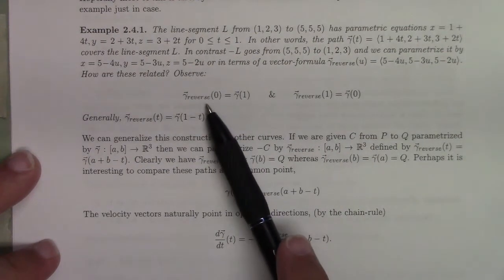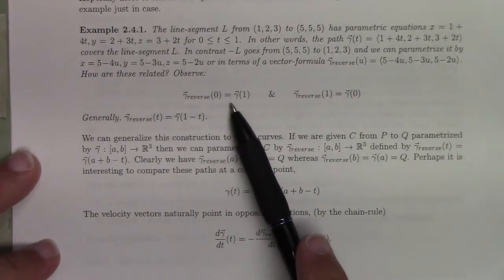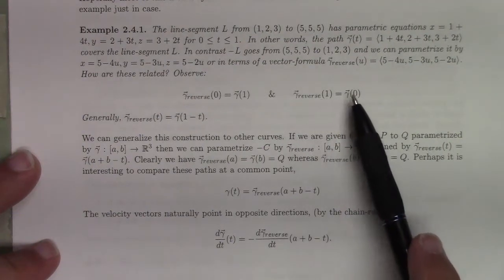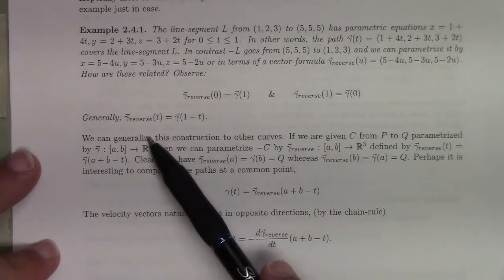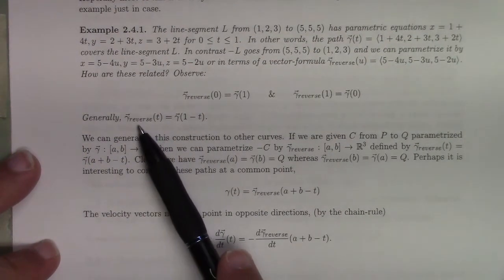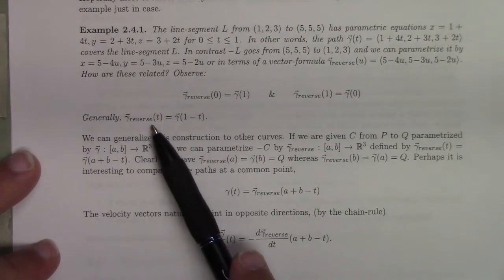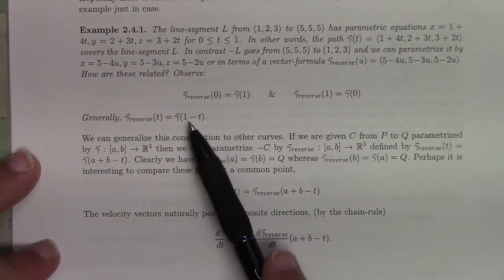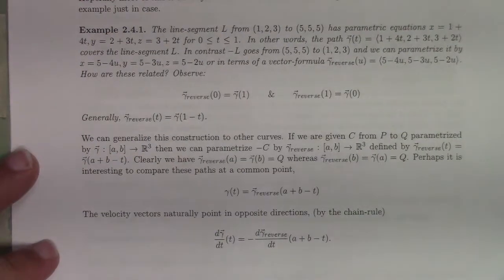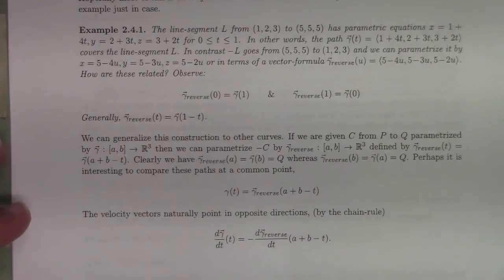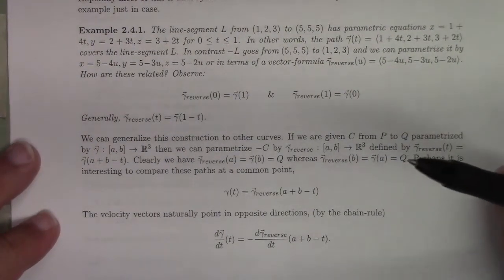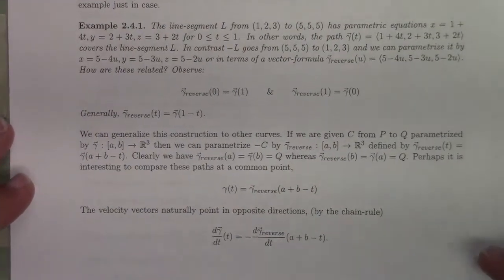And I point out that the reverse path switches 0 with 1 and switches 1 with 0. So in this context, the reverse path is given by the initial path evaluated at 1 minus t. So anyway, we can reverse a curve, right? That's one thing we can do.